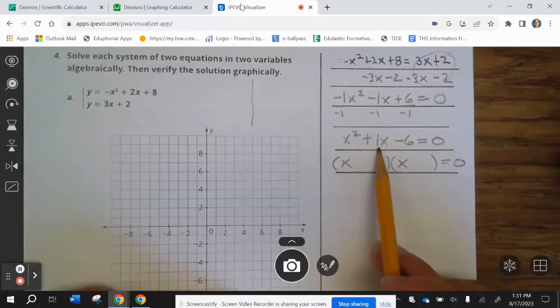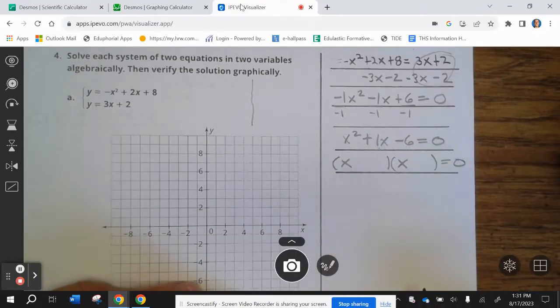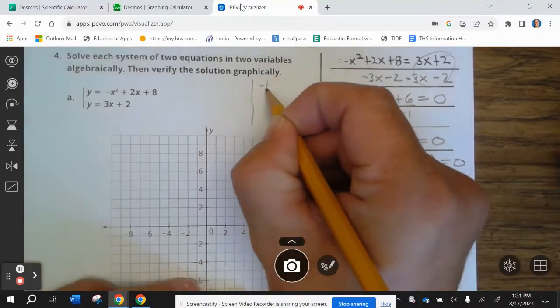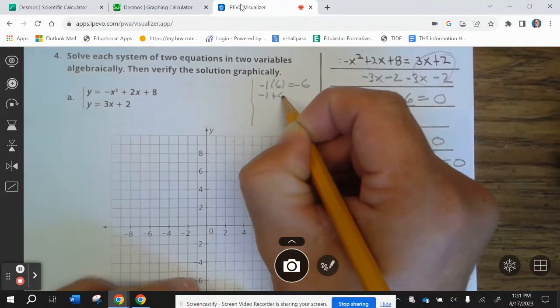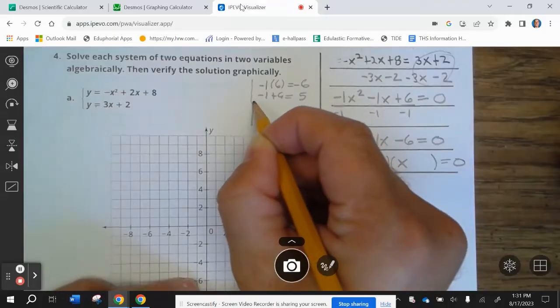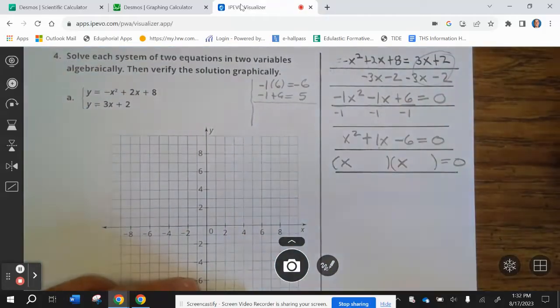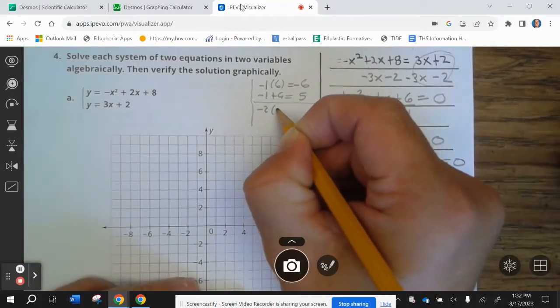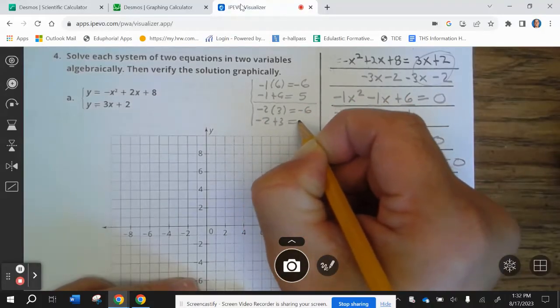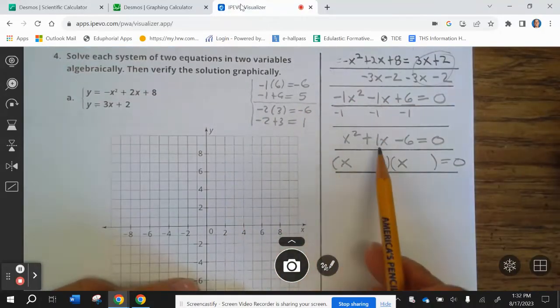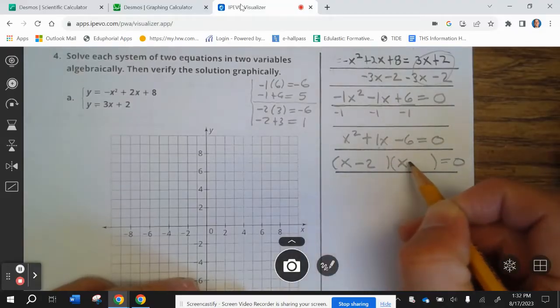Since the middle number is positive, the bigger number is positive. So, negative 1 times 6 is negative 6. Negative 1 plus 6 is 5. That doesn't work. Okay, let's try negative 2 times 3 is negative 6. Negative 2 plus 3 is 1. We have our negative 6 and 1, so our factors are x minus 2 and x plus 3.